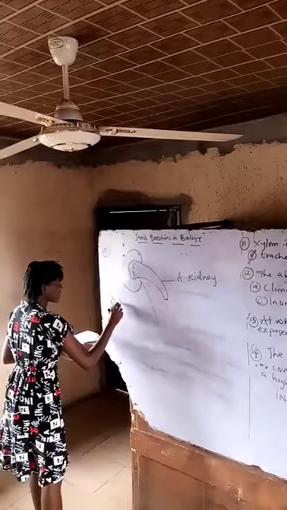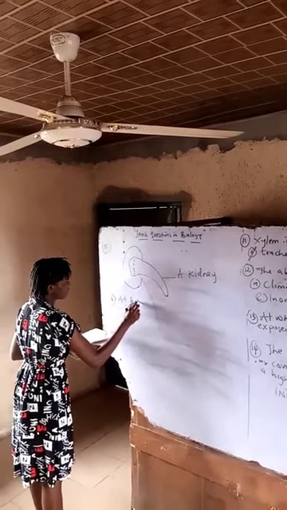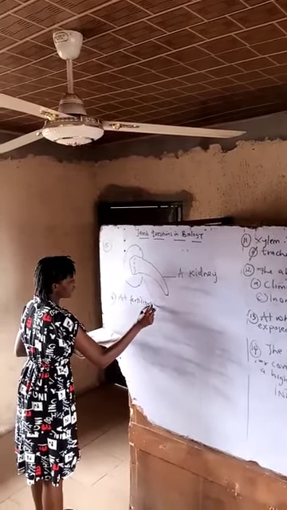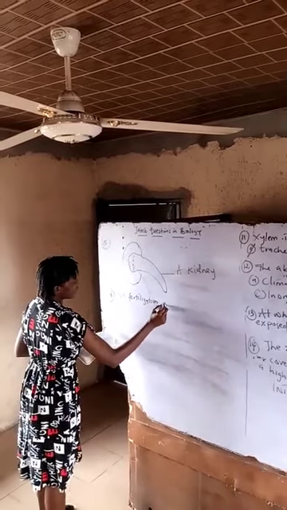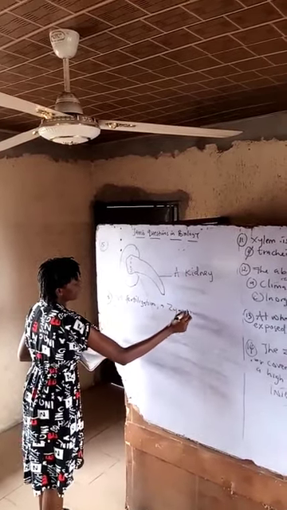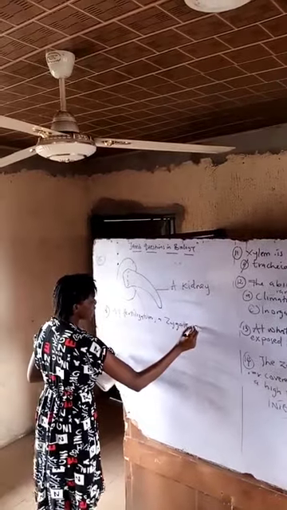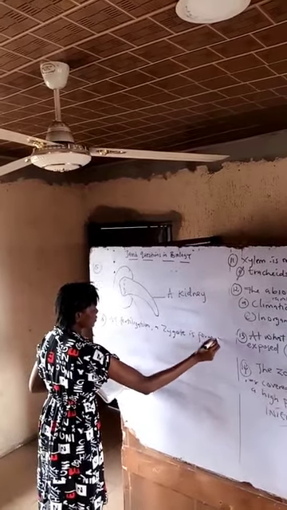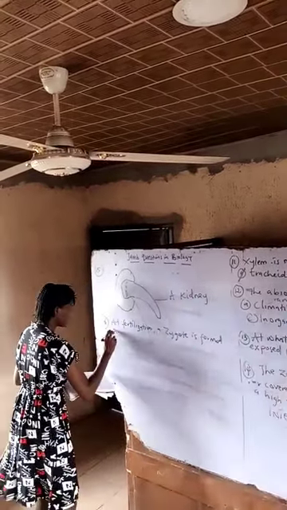We have the next question. It says at fertilization, a zygote is formed in plants.